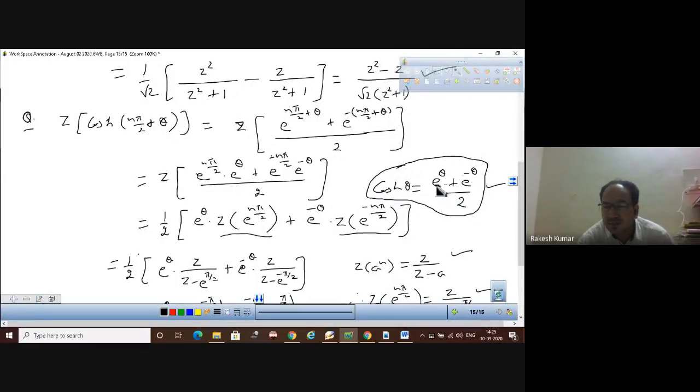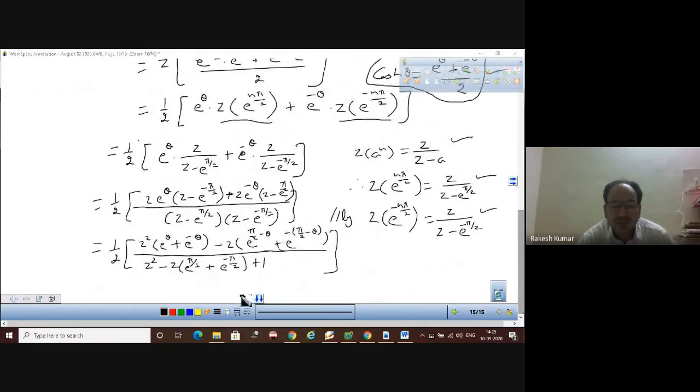Just see the formula. This is the formula for the cos hyperbolic function. So we shall use the formula here.